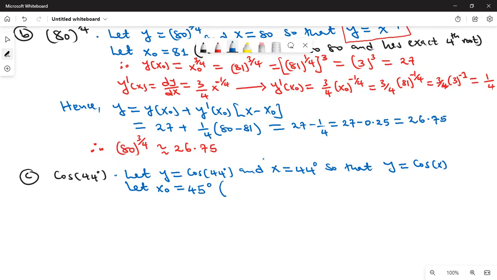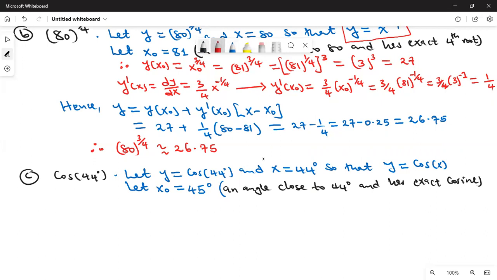Let me explain the choice of 45 degrees. An angle close to 44 degrees and has exact cosine, because we are talking of cosine, so we need exact cosine. You know the cosine of 44 degrees? I'll tell you how to find it.